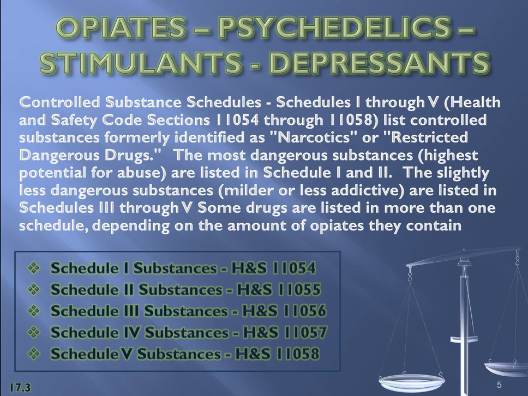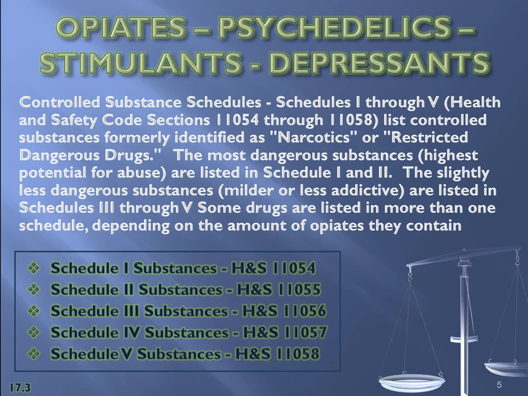Now, the most dangerous substances with the highest potential for abuse are listed in Schedules 1 and 2, and the slightly less dangerous substances, milder or less addictive, are listed in Schedules 3 through 5. Some drugs are listed in more than one schedule, depending upon the amount of opiates that they contain. But remember, these are substances formerly identified as narcotics or restricted dangerous drugs.